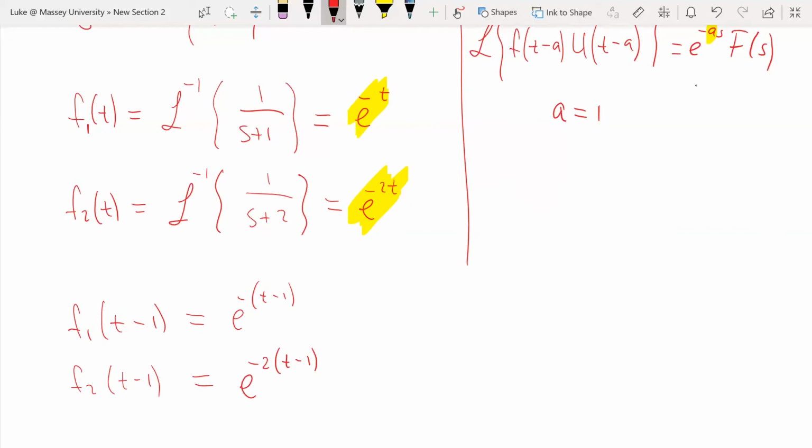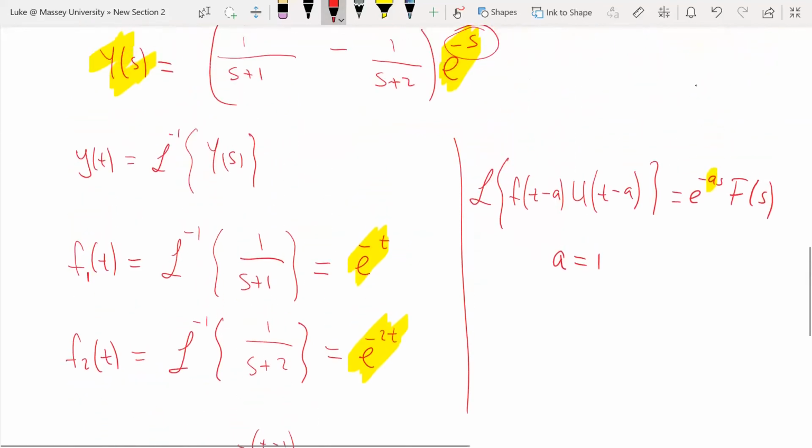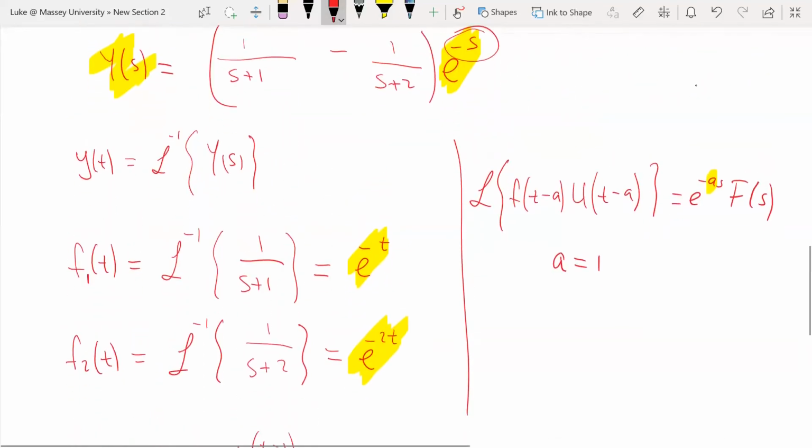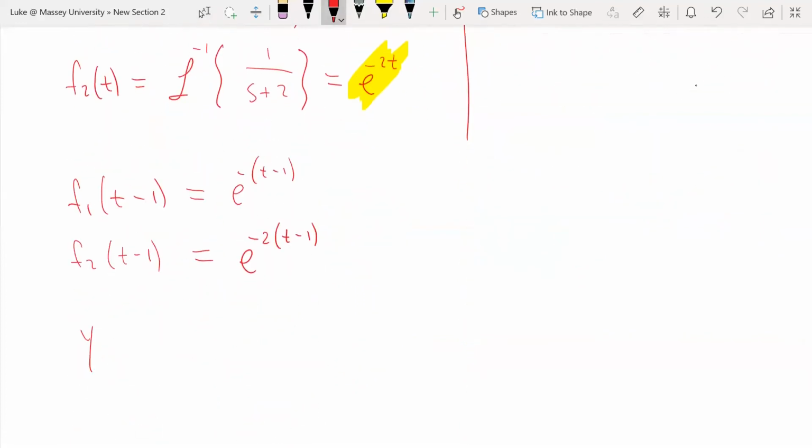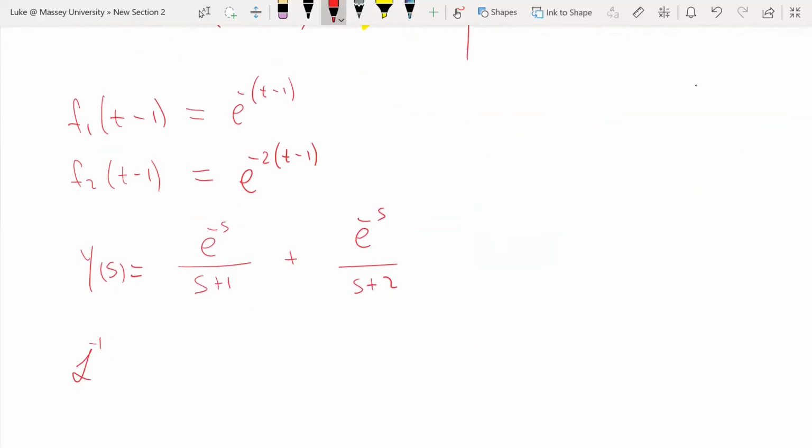Now I can use my second translation theorem to evaluate the inverse Laplace transform of Y(s), which is e to the minus s over s plus 1, minus e to the minus s over s plus 2. The inverse Laplace transform of Y(s) is going to be e to the negative (t minus 1) times u(t minus 1), minus e to the negative 2(t minus 1) times u(t minus 1).